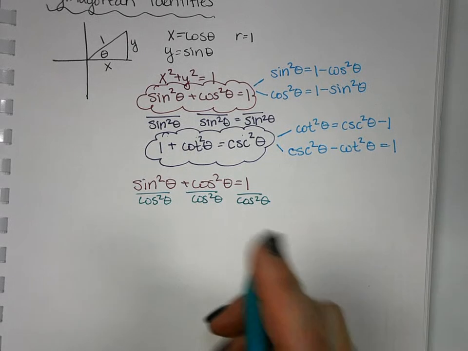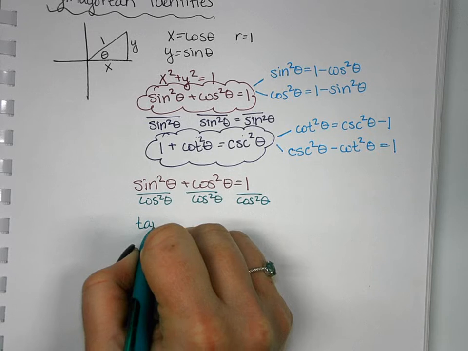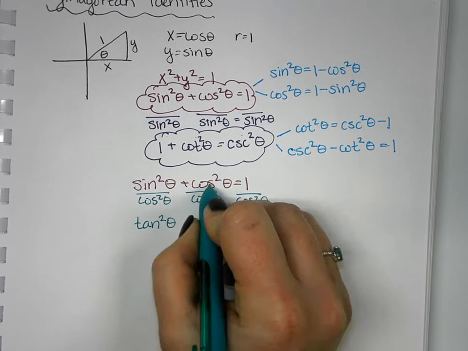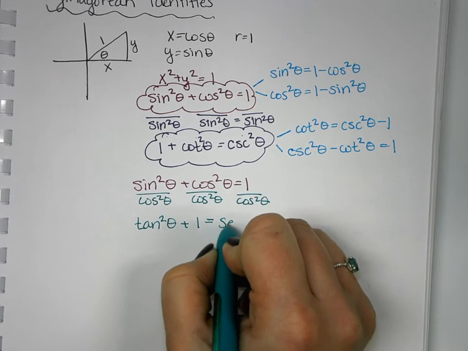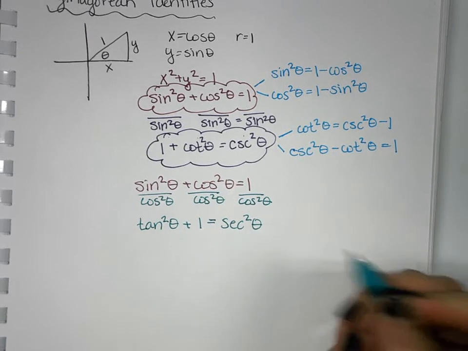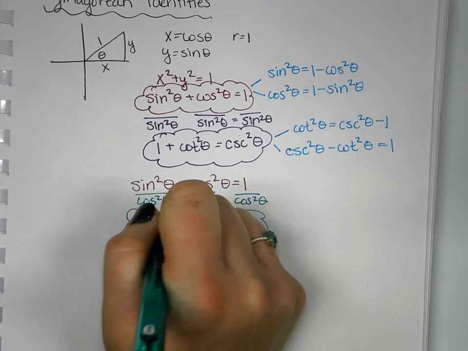So when we divide everything by cosine squared, sine over cosine is tangent. Cosine over cosine is 1. And 1 over cosine is secant. So this here is our third trig identity.